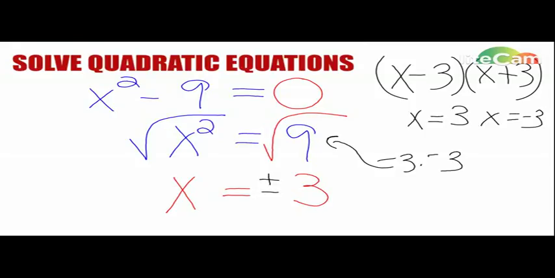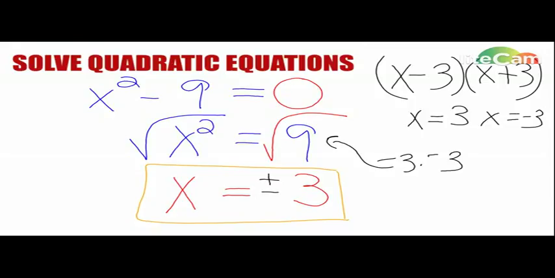And let's just say this. We don't know what x is. X is a variable. It's an unknown. So we have to say all the solutions that x could be. And in this case, it can be a positive 3 or a negative 3. Okay, there's our first answer.